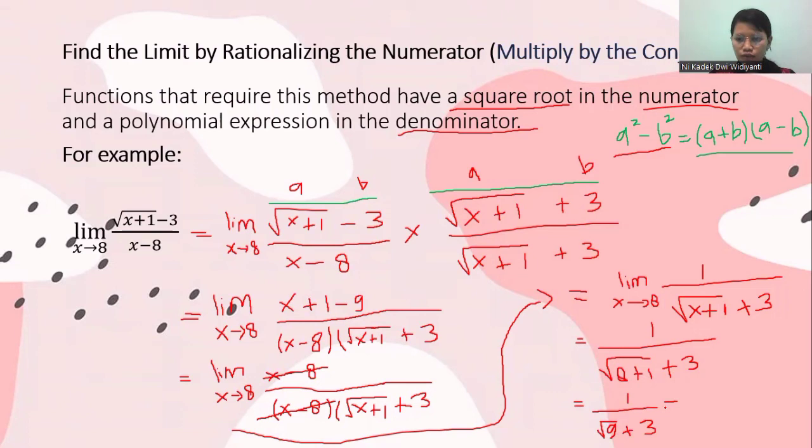Square root of 9 equals 3, so we will get 3 plus 3, which equals 1 divided by 6. Okay, finished. So this is the solution of this question.